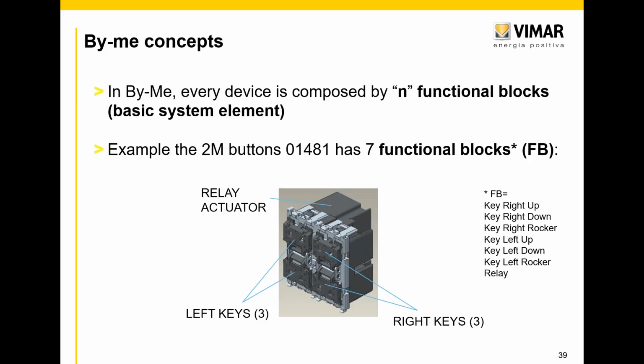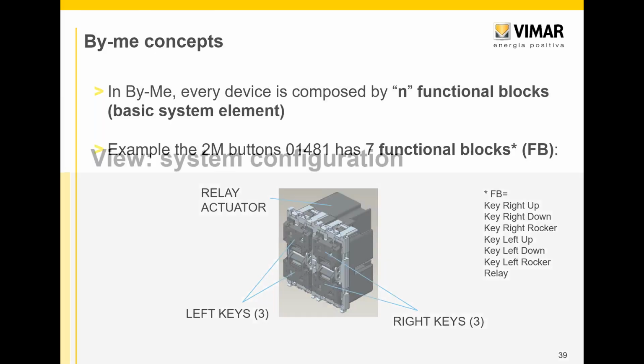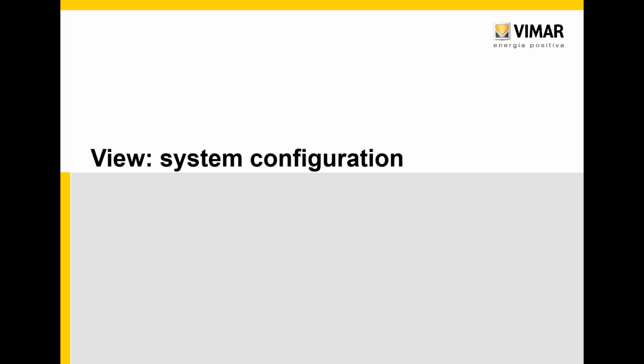Later on in the configuration, you link those functional blocks with the functions of the application. So configuring the system means first of all assigning the physical ID of the devices, and then linking those functional blocks together to realize the different functionalities.